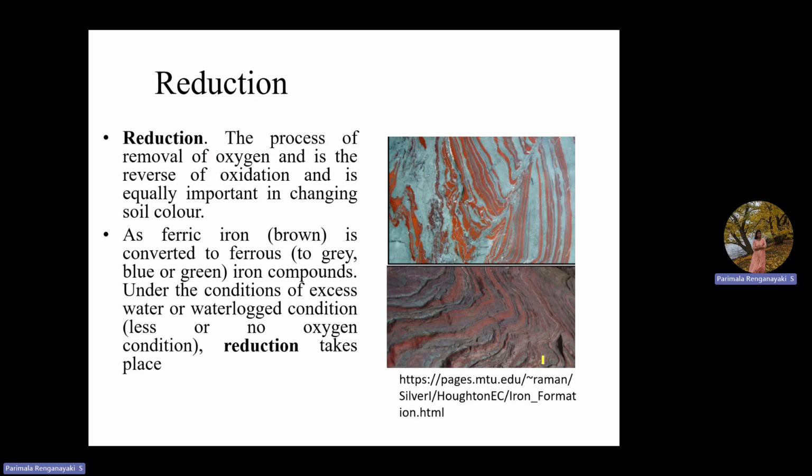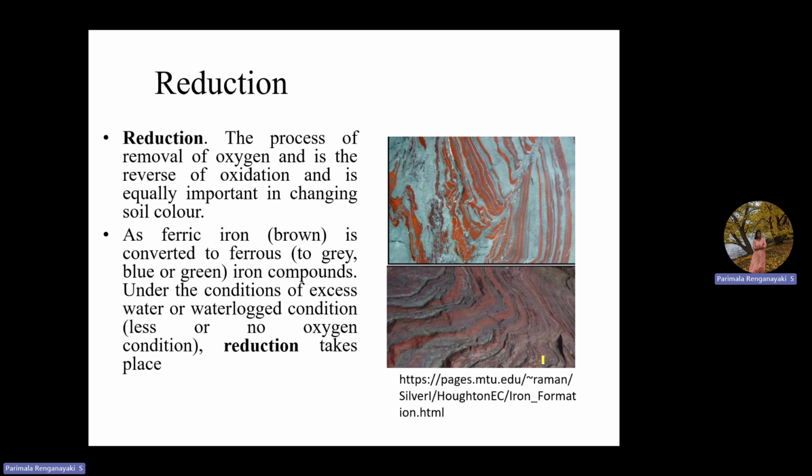The rock is not in contact with the oxygen, direct atmospheric oxygen, or is in a completely waterlogged area. In such a case, it is not continuously in contact with the oxygen. What will happen? Oxygen reduction.